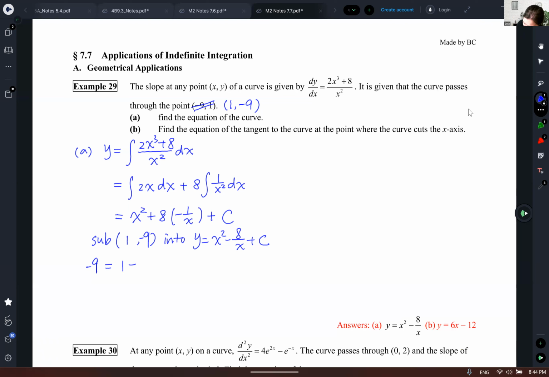Is it negative? Otherwise, it cannot equal to this. No. Let's change it again. One moment.